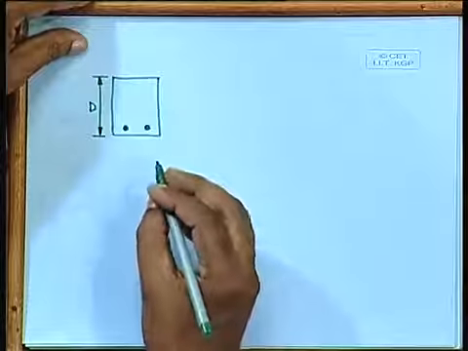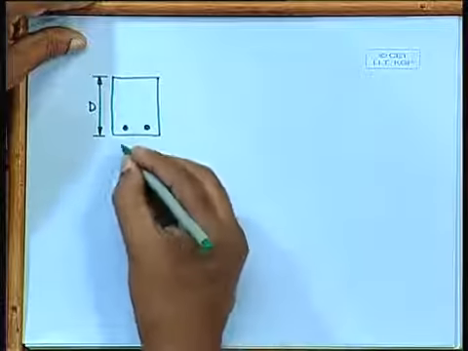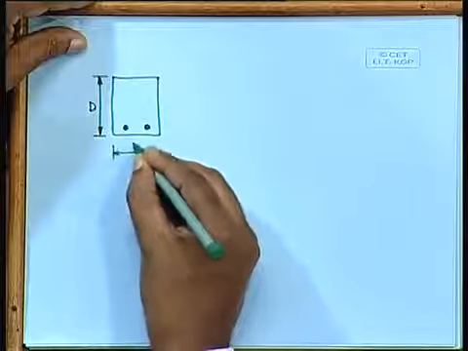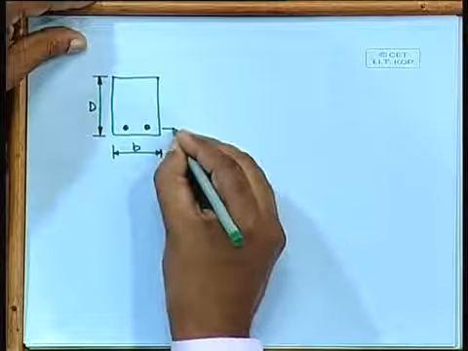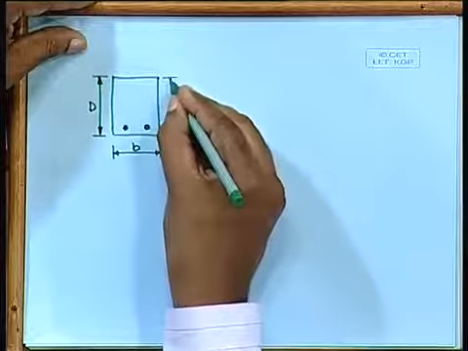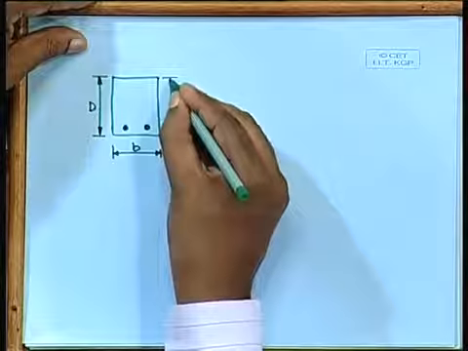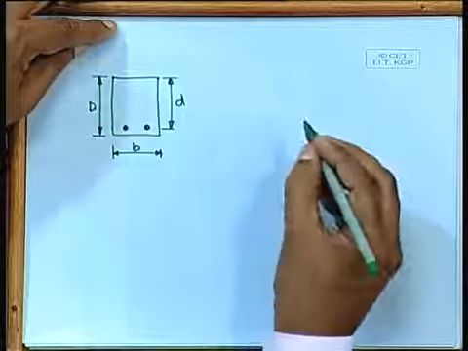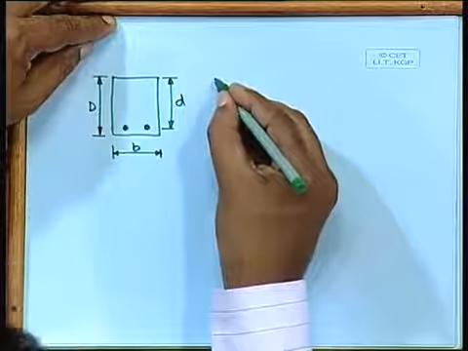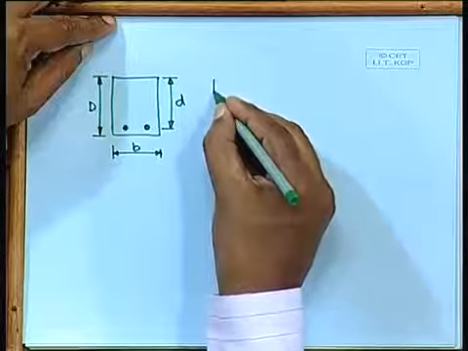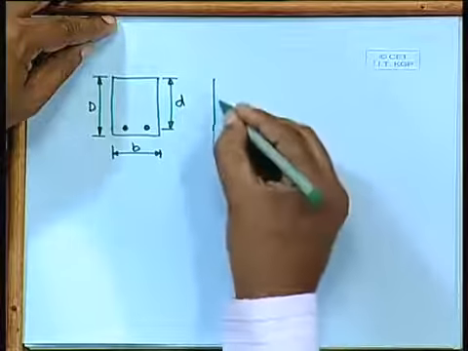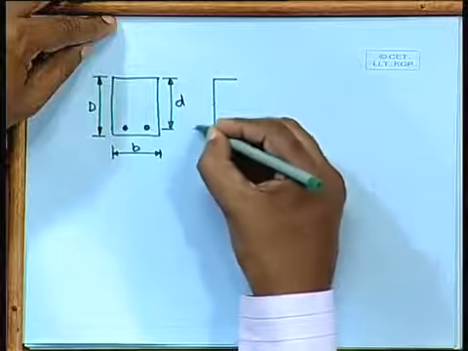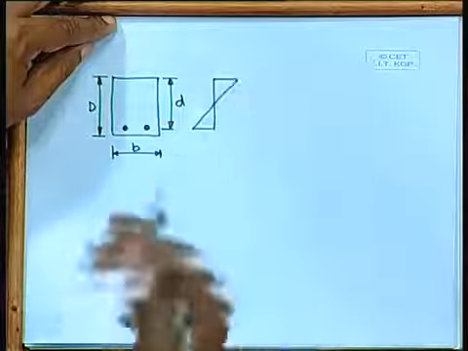The overall depth we consider as capital D, width B, effective depth small d, and the strain is linear.